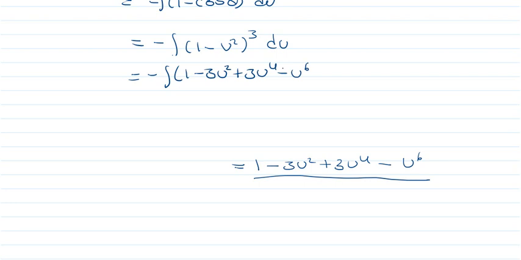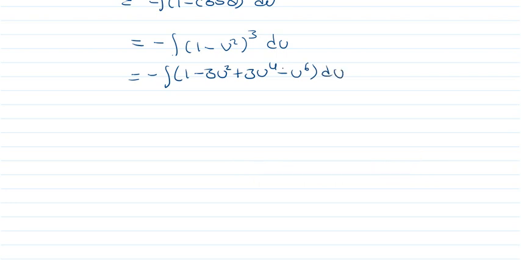Now it's easy to integrate, because we just use the operation where we add 1 to the powers and divide by the new power. So it's going to be negative here. For 1, it's going to be u. For negative 3u squared, it's going to be negative 3u power 3. When you add 1, it's going to be 3, then divide by 3.